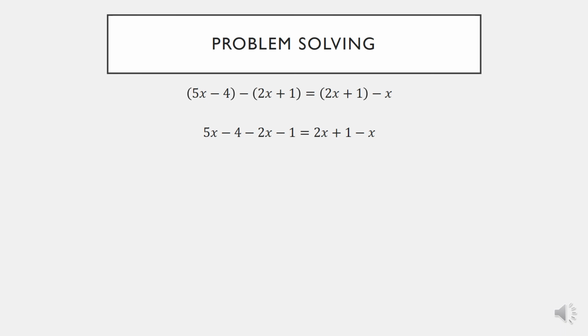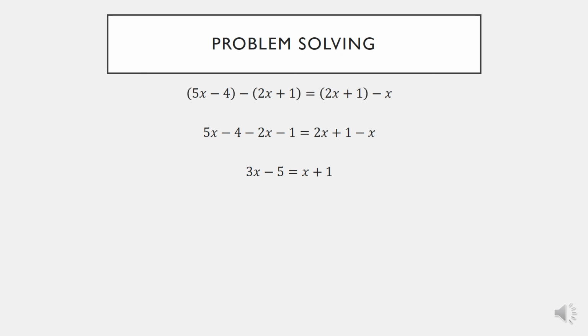So you apply that minus 2 times to each term. Okay, equals 2x plus 1 minus x. Simplify, so on the left you have 5 take 2, you have 3x minus 5, and on the right you have 2 take 1, you have 1x plus 1.